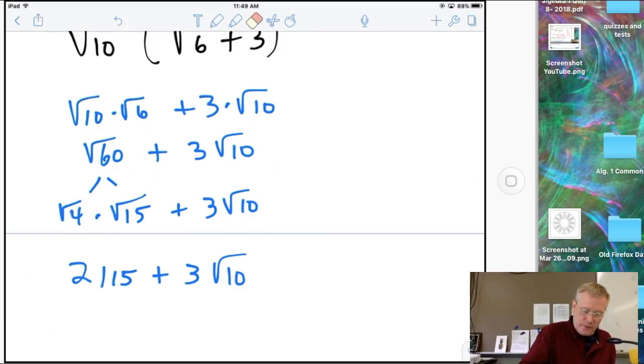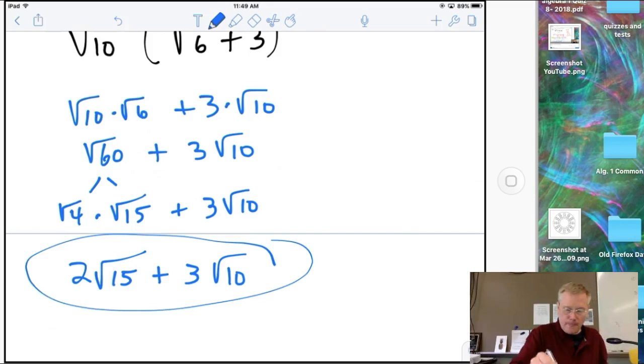Now, I can't combine those together, all right? Even though I really would like to, I can't. I just leave it like that, okay? And that's the reduced version of that problem.